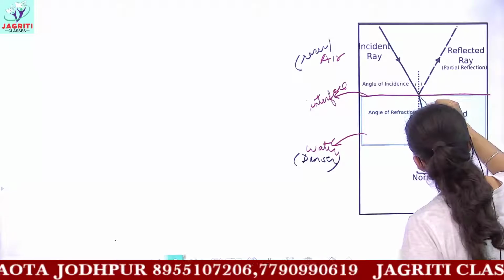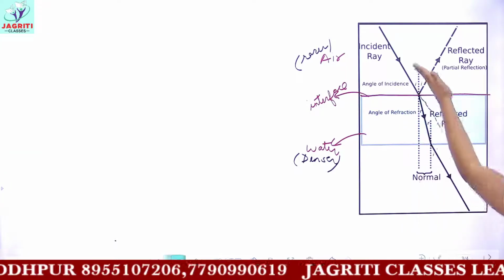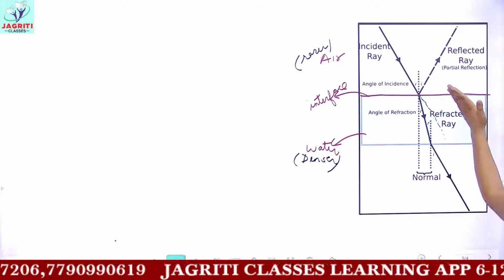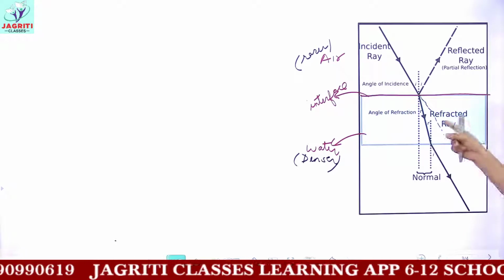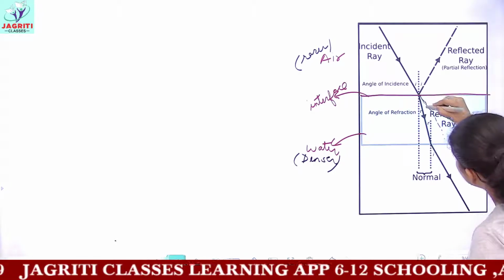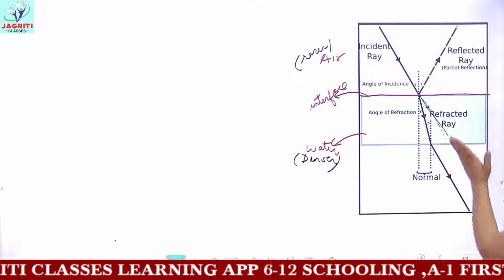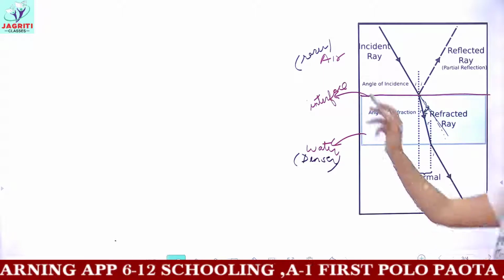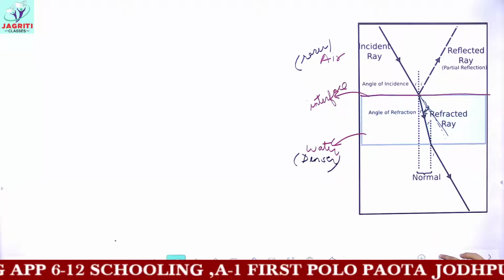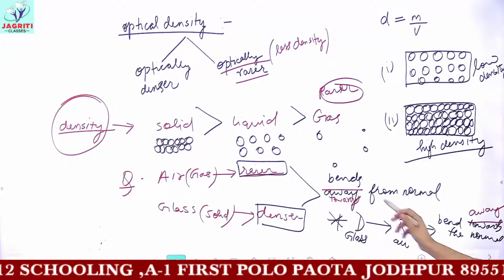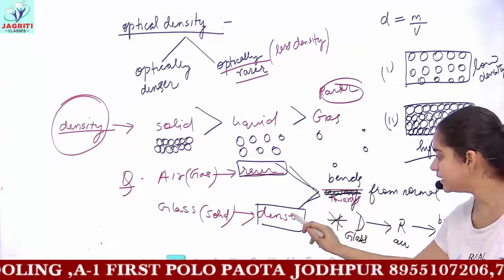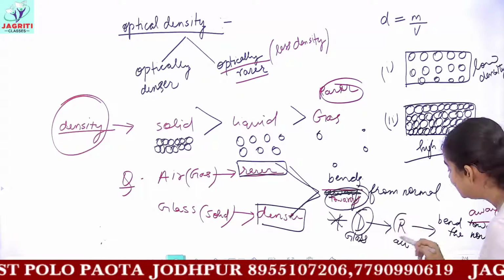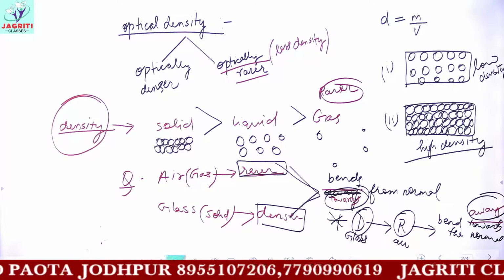As you can see, originally it should follow this kind of path, but due to refraction, due to change in medium, this incident ray bends towards the normal, because I told you when the light ray moves from rarer to denser, it bends towards the normal, and when it travels from denser to rarer, it bends away from the normal.